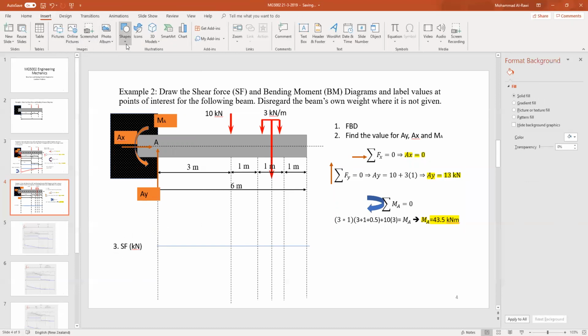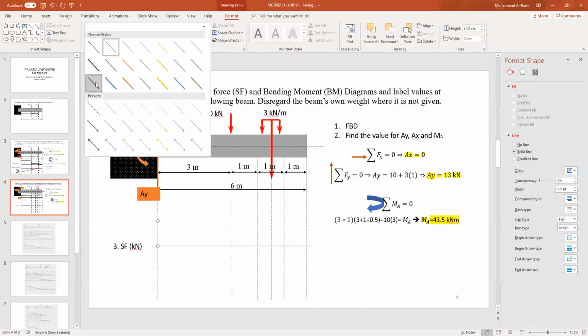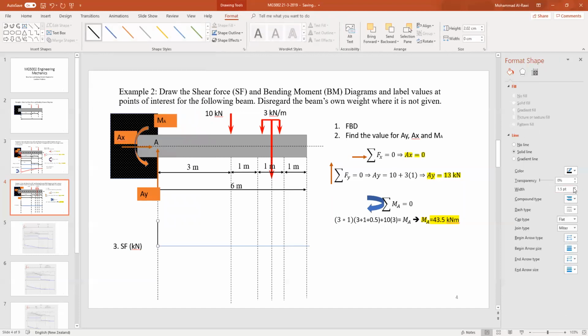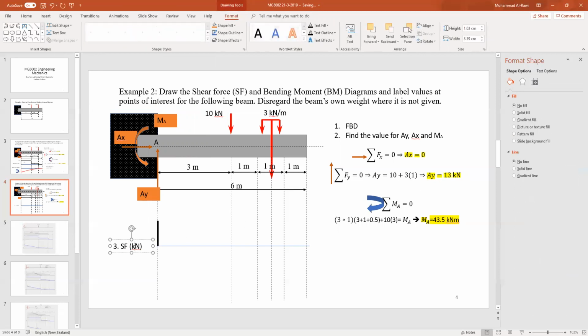It's very easy to start from AY. AY is a positive value, 13, so I move up around 13. If you do it with a scale, it will be very good and precise, but since I have limitations in my PowerPoint, I'm not relying on that here. If you use graph paper, you get everything to scale.